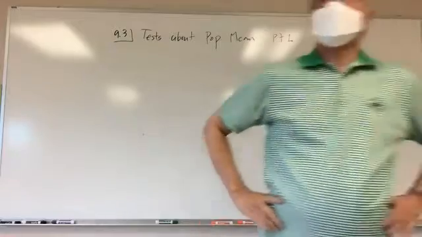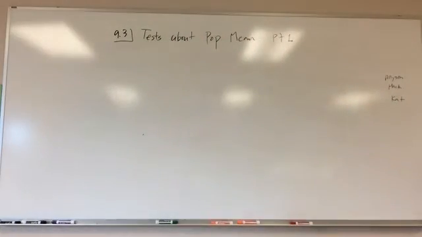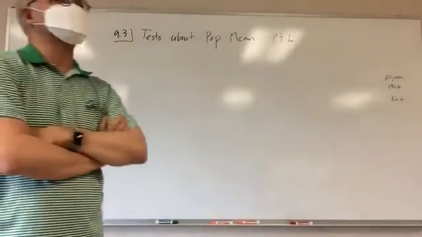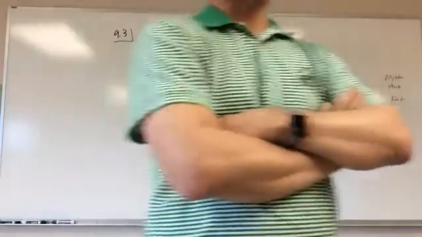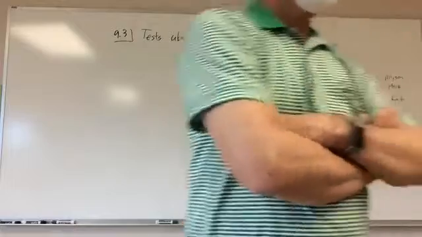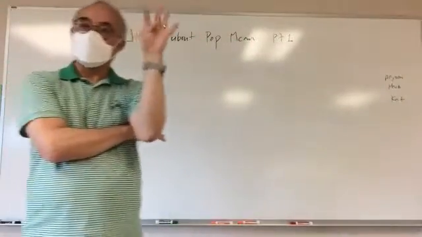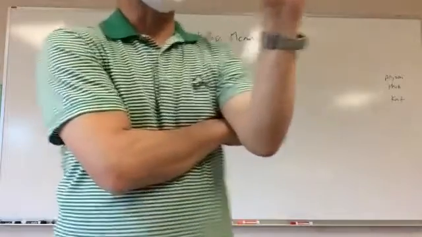When we did the confidence intervals for the mean, we checked three conditions. What were they? Same thing: random sample, less than 10%, large count. What was a large count?